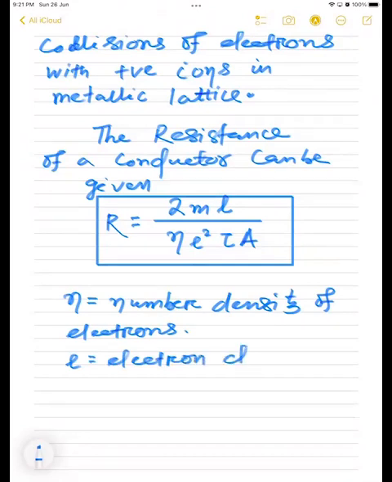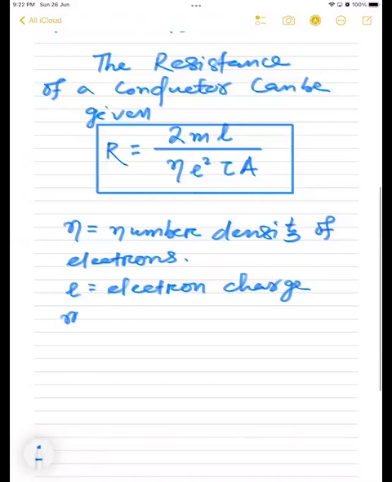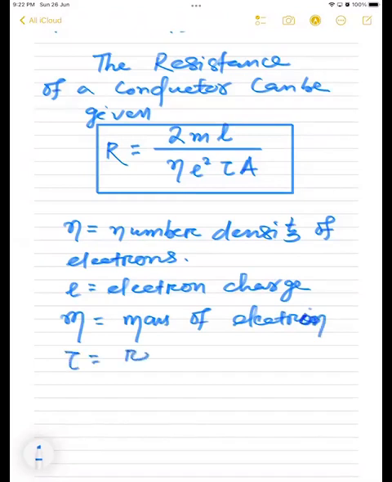E is electron charge. And what is m? Mass of electron, right? M is mass of electron. And what is tau, students? Tau is relaxation time. Are you getting all?